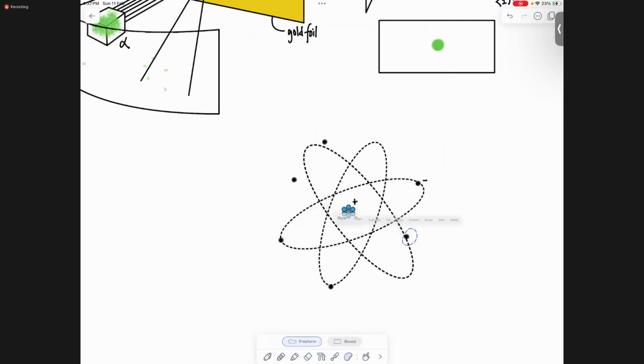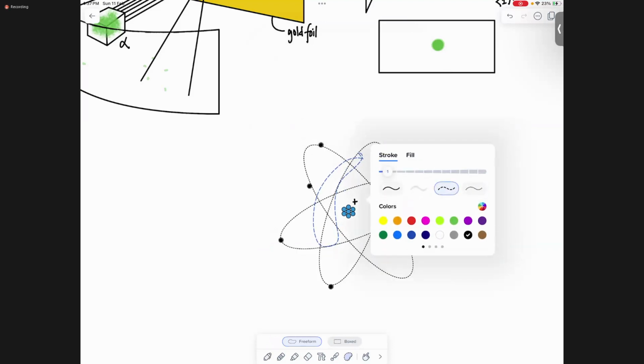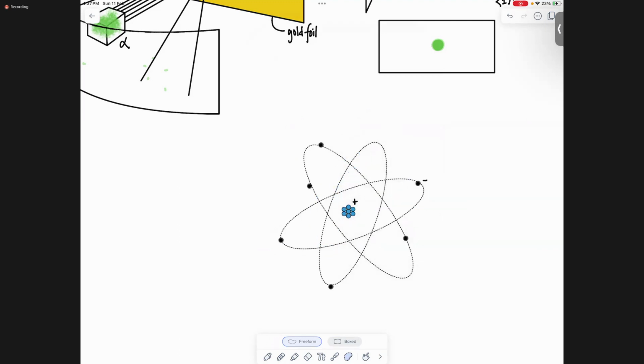So he said that the electrons were in these pathways that were known as orbitals, and this is where the electrons are moving around. And he said that the electrons are not falling into the nucleus because they're always moving.